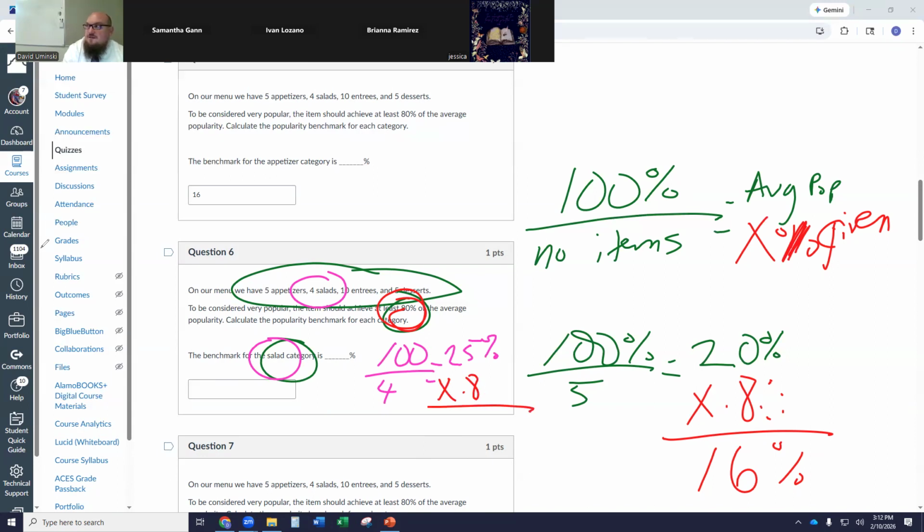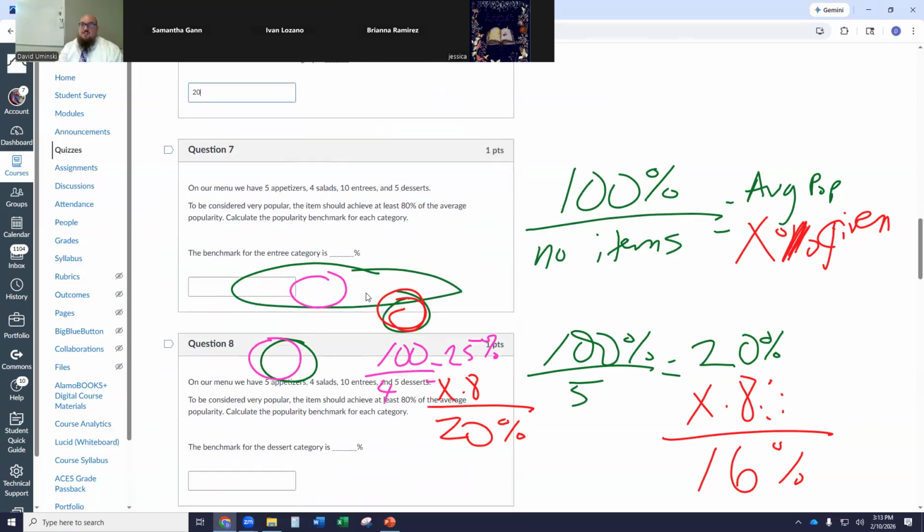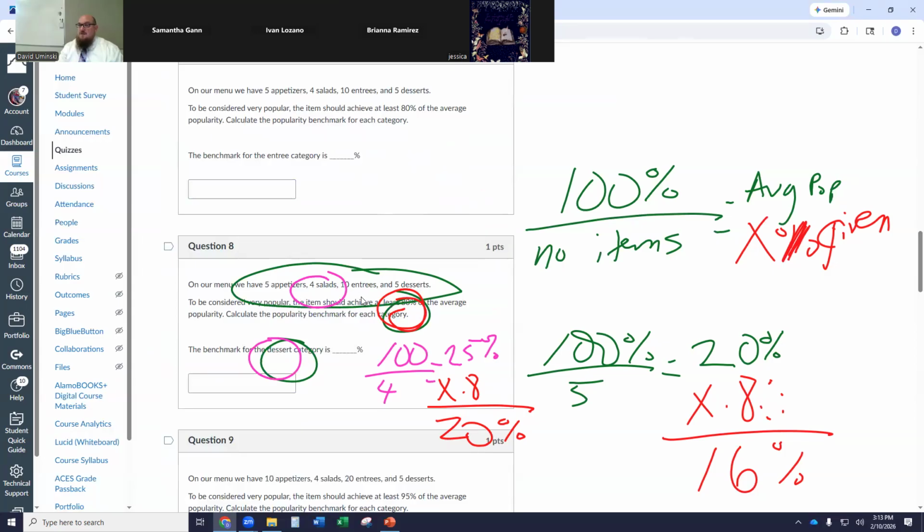And I get what? 20. Okay. Question 7, I'm going with the entree. Question 8, I'm going with dessert. All while maintaining this 80%, right?